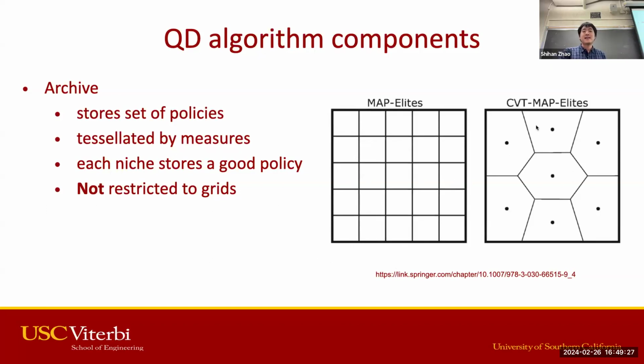It's a fancy name, but the general idea is that instead of having a bunch of cells, you have a bunch of centroids, and you define niches based on, given a solution, which is the closest centroid within this set. So we can have this alternative form of archive. There is also ongoing work about using generative models as archives, so it's not restricted to just a grid.